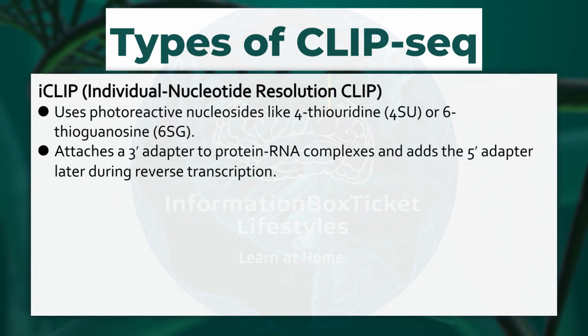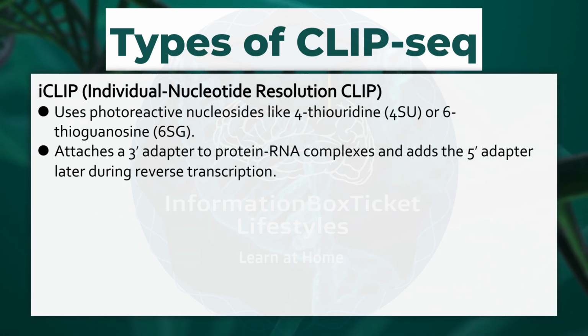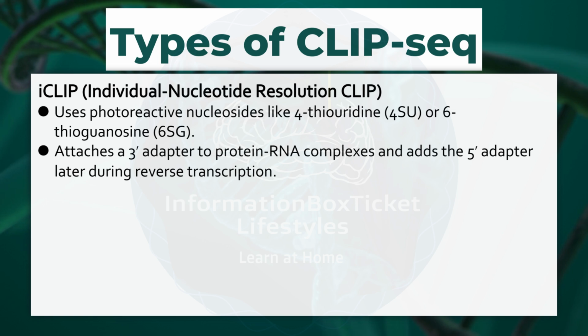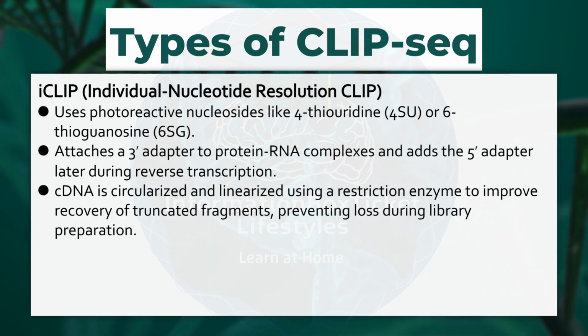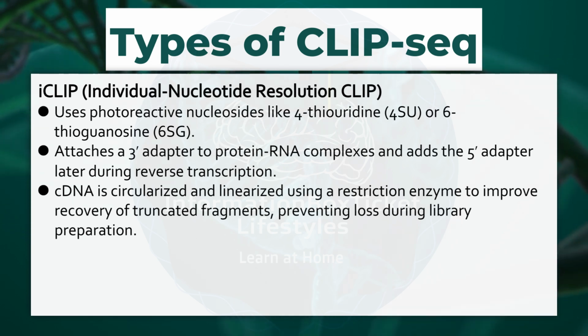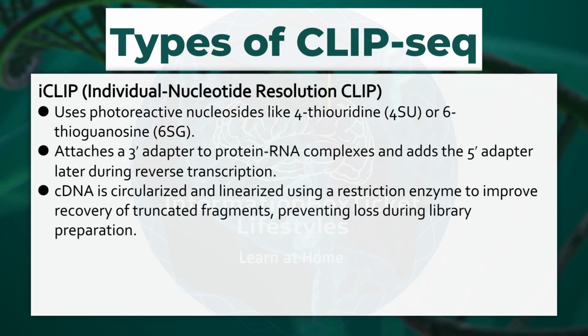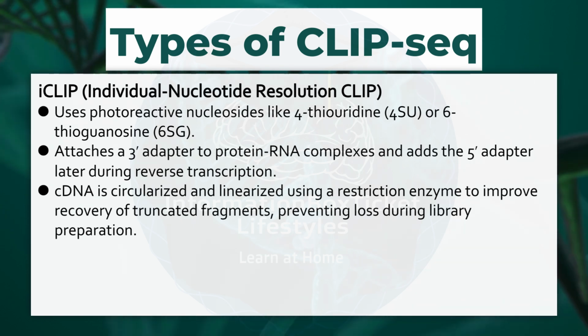Attaches a 3' adapter to protein RNA complexes and adds the 5' adapter later during reverse transcription. cDNA is circularized and linearized, using a restriction enzyme to improve recovery of truncated fragments, preventing loss during library preparation.